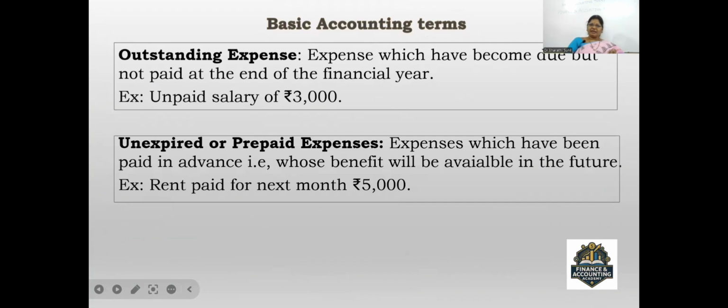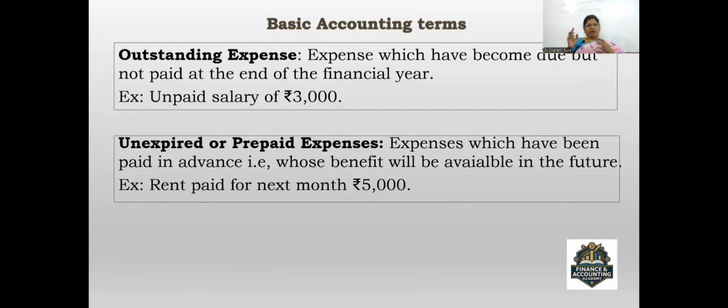Next, outstanding expenses. What are outstanding expenses? Say, for example, in a financial year. What is a financial year? April 1st to March 31st. April 1st, 2024 to March 31st, 2025. The March month salary, we have not paid in March but we paid in April.